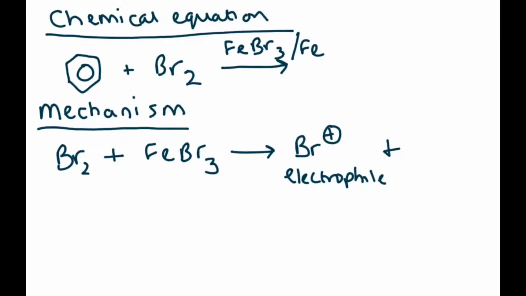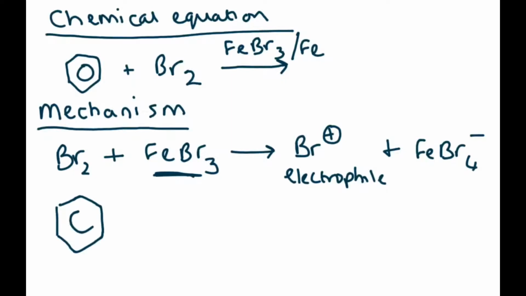The FeBr3 and the Br minus join together, and that's your intermediate. Now because the pi ring in benzene is delocalized, it can't polarize a neutral molecule, but it can react with an actual positive charge.